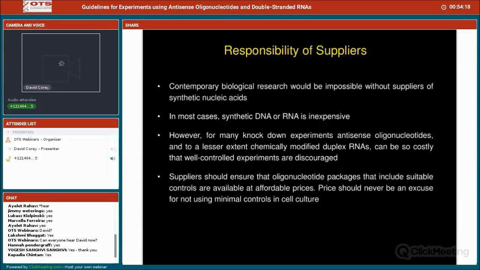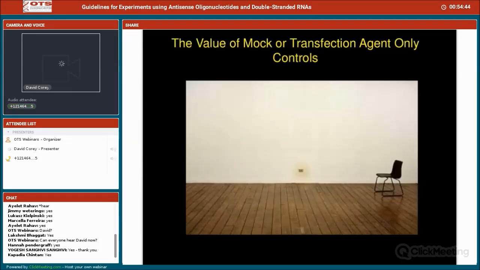And what I would foresee is that this would actually be a win-win solution: investigators would get a better package of oligonucleotides, and the suppliers would end up selling more oligonucleotides for more money anyway and making more profit. So there should be a way to work this out. But price should not be a limitation on using the minimum number of controls necessary for an experiment.